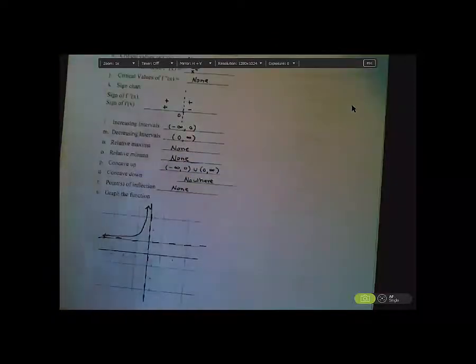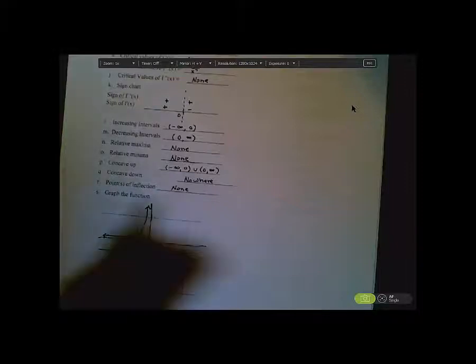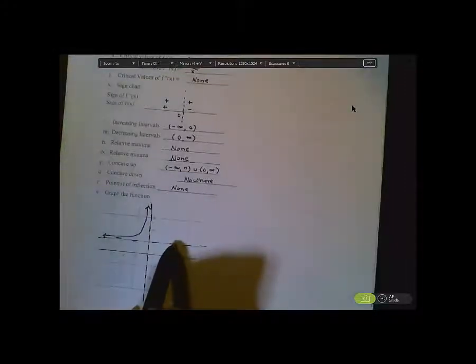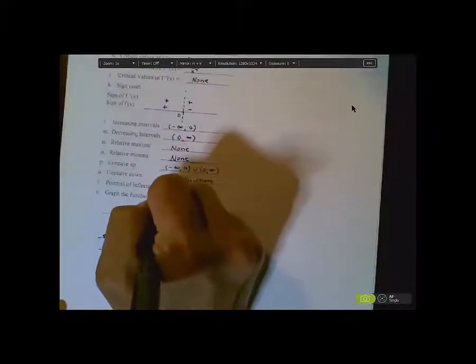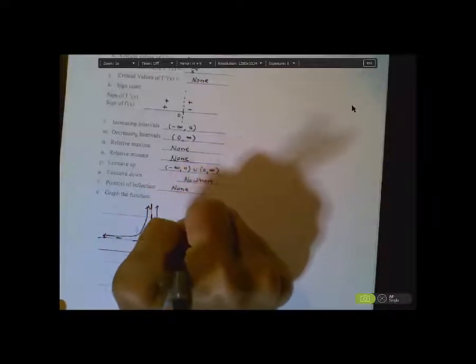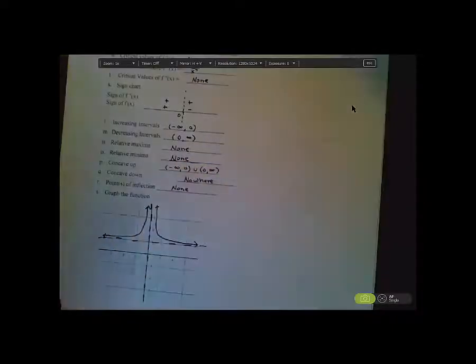That. To the right of 0, the graph is decreasing, but still concave up. And that's the graph of 4 over x squared plus 1.